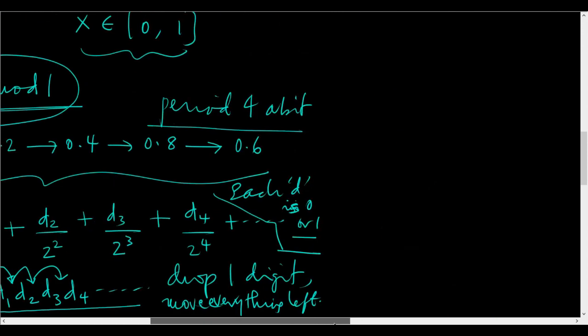When you think about this dynamics in this way, something interesting happens. You get some significant understanding. So let me point out what that is. Let's say 0 point, d1, d2, d3, d4, d5, d6 and all the way.